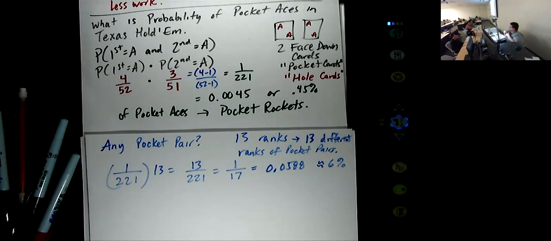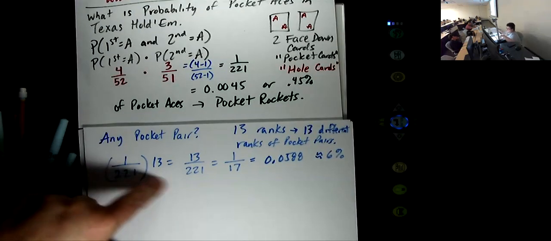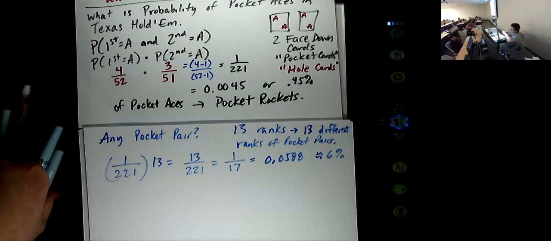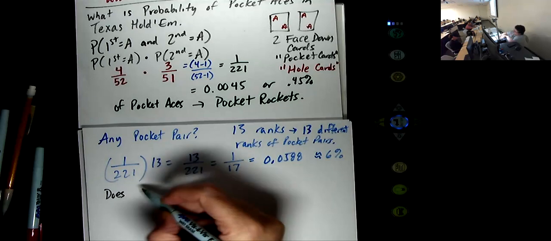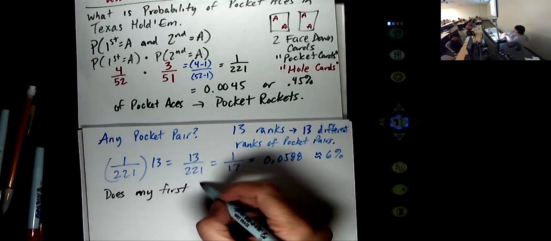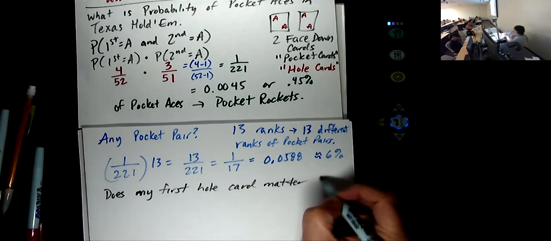So getting any pocket pair doesn't happen very often, but it's a hell of a lot more than pocket aces. Rather than doing this long calculation of doing 13 of them though, we can use that mentality of, does my first hole card matter for any pocket pair?